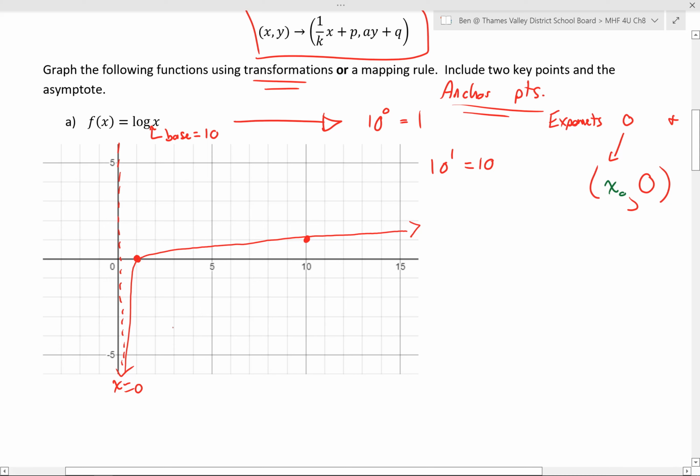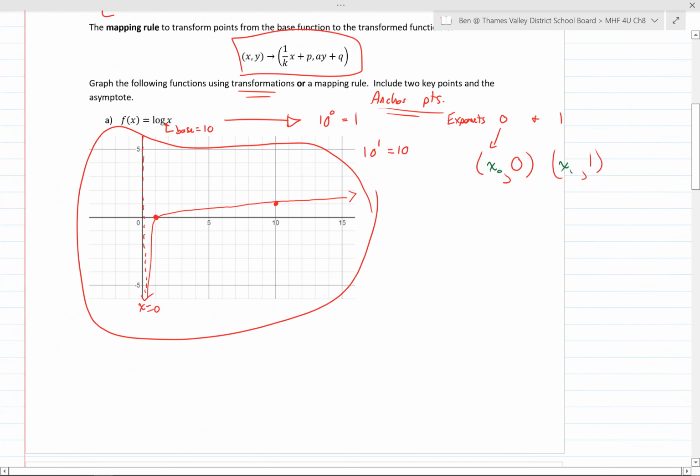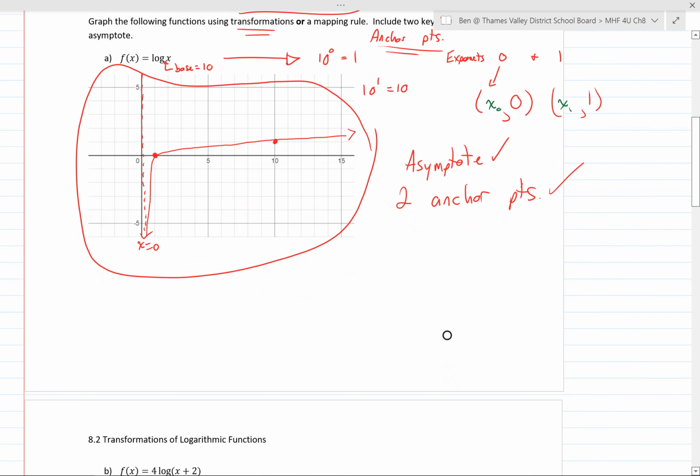All right, so when we apply transformations, we're going to be applying the transformations to this base function that we're sketching out with the asymptote and with 2, again, we call them anchor points. We've used the idea of anchor points before if you're graphing a quadratic or a cubic using vertex form, but I'm not sure if we've necessarily called them anchor points in this class. All right, so we can push forward.